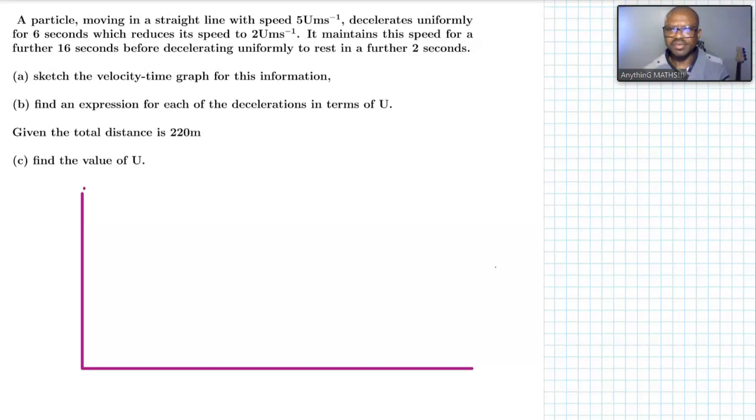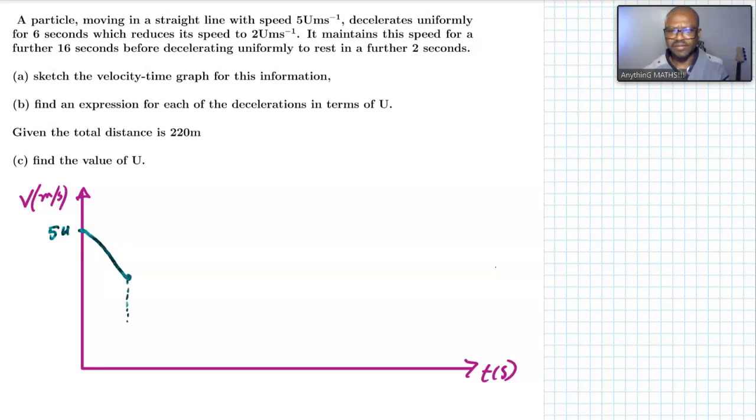So it means we're going to start somewhere. Let's label our coordinates. So v meters per second, and we have the time t in seconds. We're starting from a velocity 5u. So here will be 5u. And it decelerates for 6 seconds, so it moves down this way for 6 seconds.